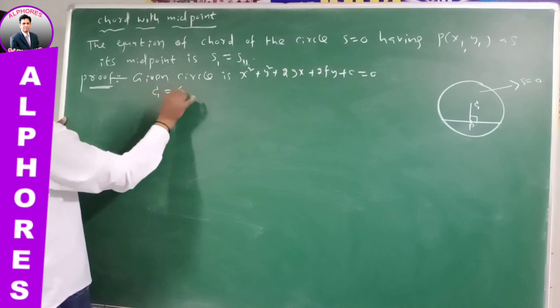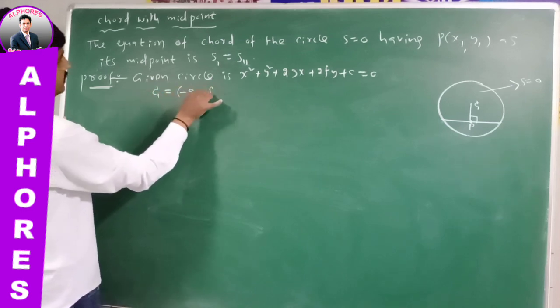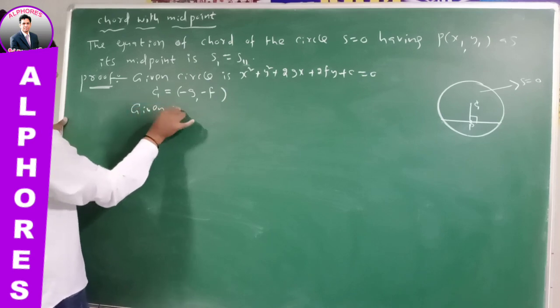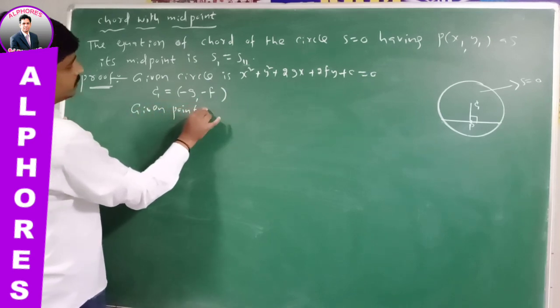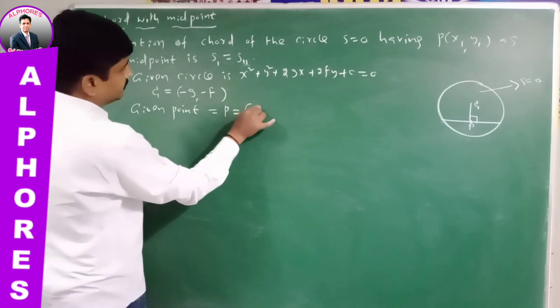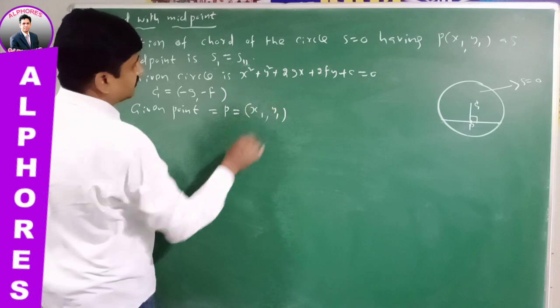Now the center of this circle is (minus g, minus f). The given point is P, equal to (x1, y1).